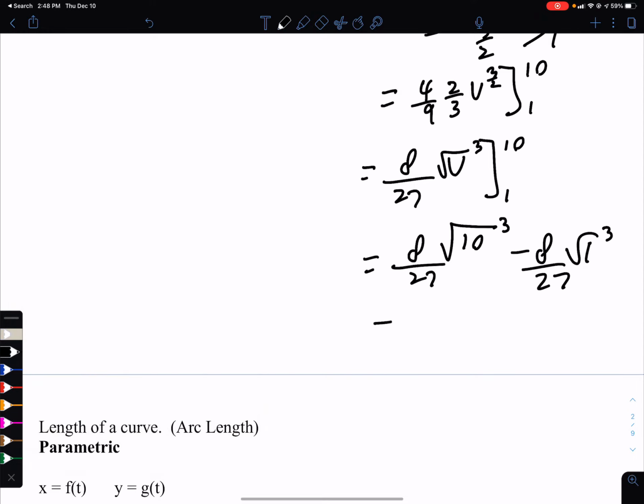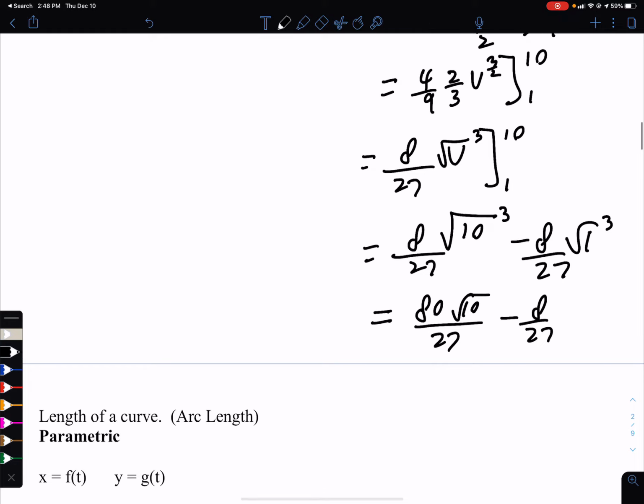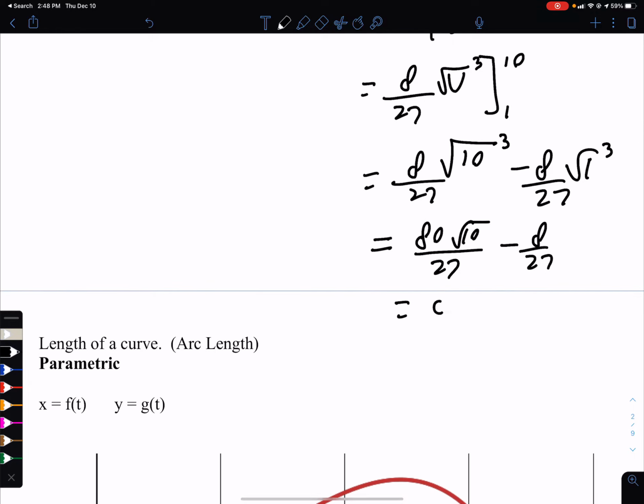And then to simplify this, well, 2 of these make 10, but we're cubing it, so there's 1 left. So it's going to be 80 radical 10 over 27 minus 8 over 27. So here's my answer: 8 radical 10 minus 8, over 27.